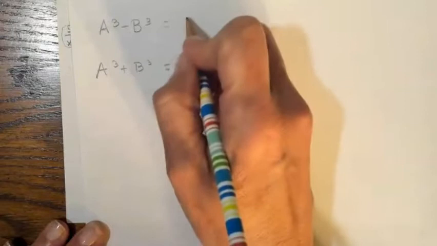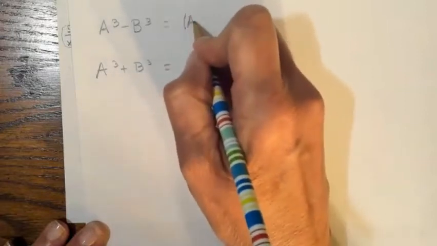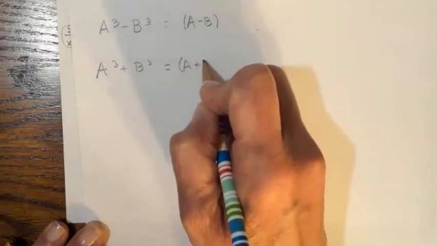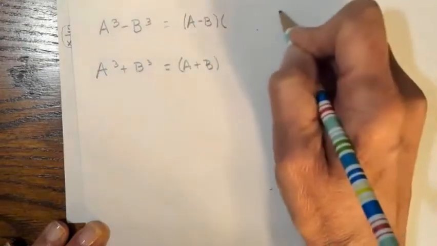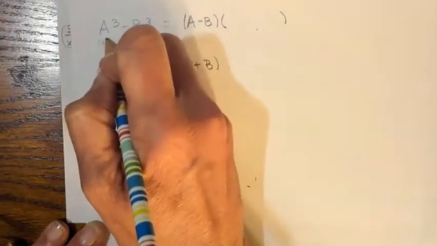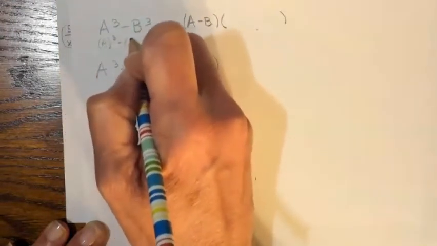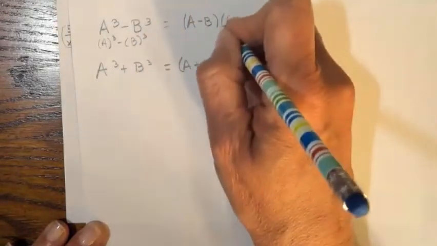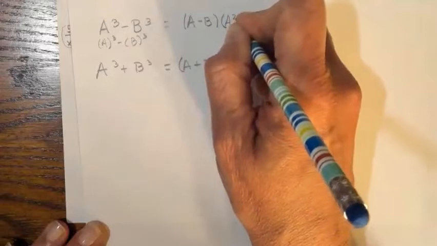So when you factor the difference of cubes, your first factor is just a minus b. This would just be a plus b. Your second factor will be, so this is technically a cubed minus b cubed. Your second factor will be a squared.